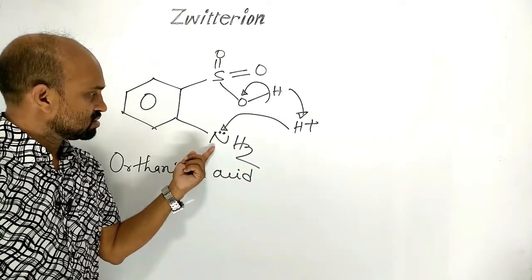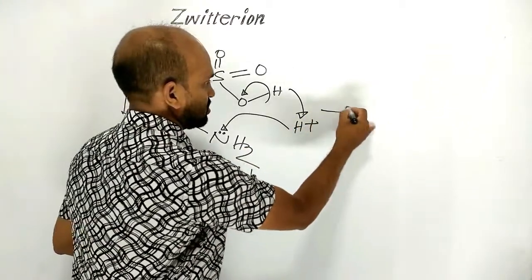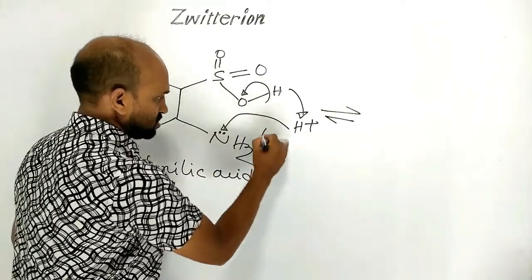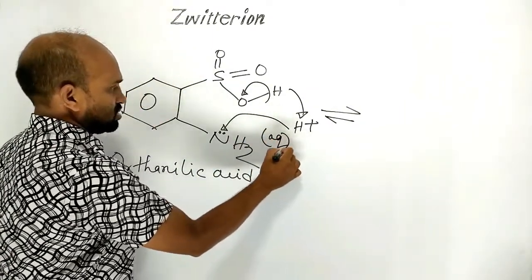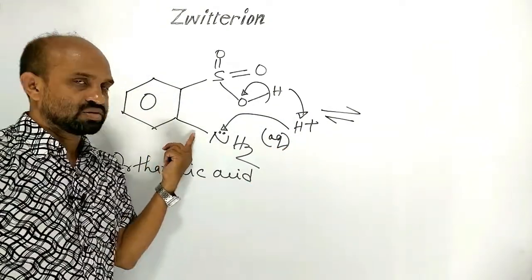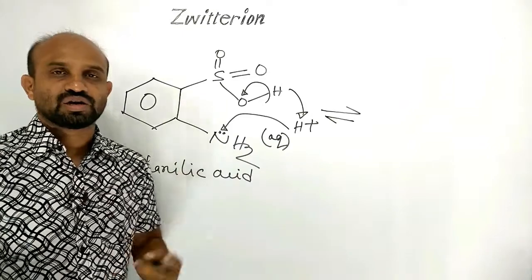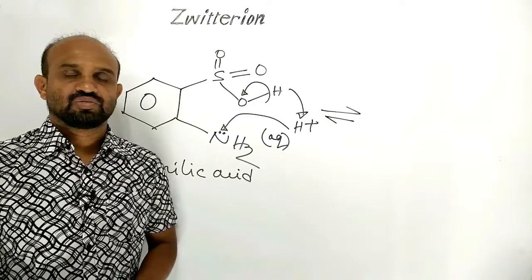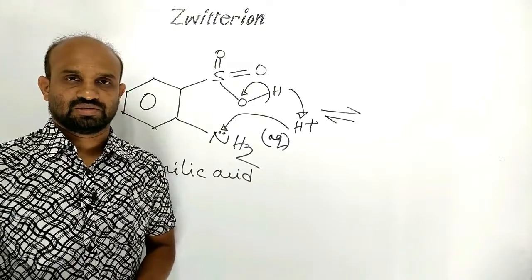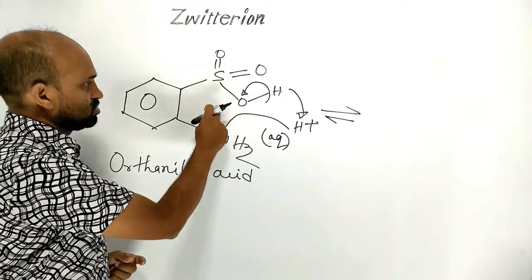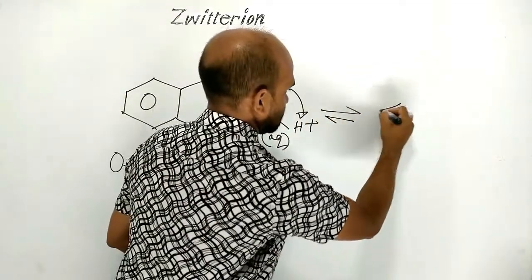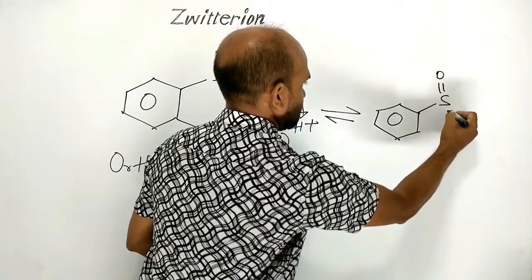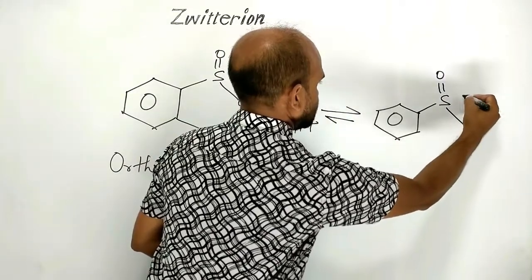After combining the proton here, we get this. This reaction happens in solution because this is a solid at normal condition. So in aqueous solution, movement of proton happens. Now let's see what we are getting. Here this is sulfur, oxygen with negative charge.